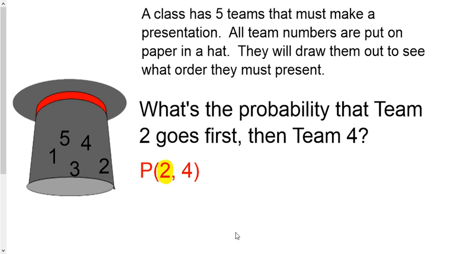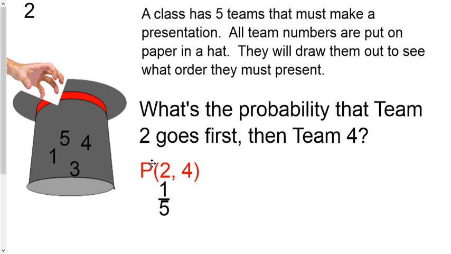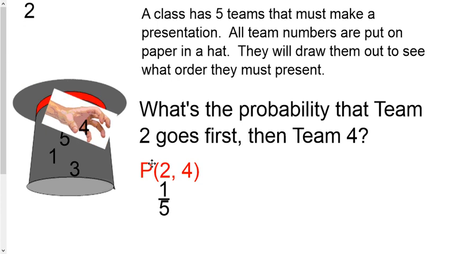If we reached into the hat and grabbed that 2, there would be a 1 out of 5 chance of grabbing the 2. So let's just imagine that we've grabbed the 2 and pulled it out of the hat. What's the probability of getting number 4? Well, we're grabbing it, but it'd only be 1 out of 4.